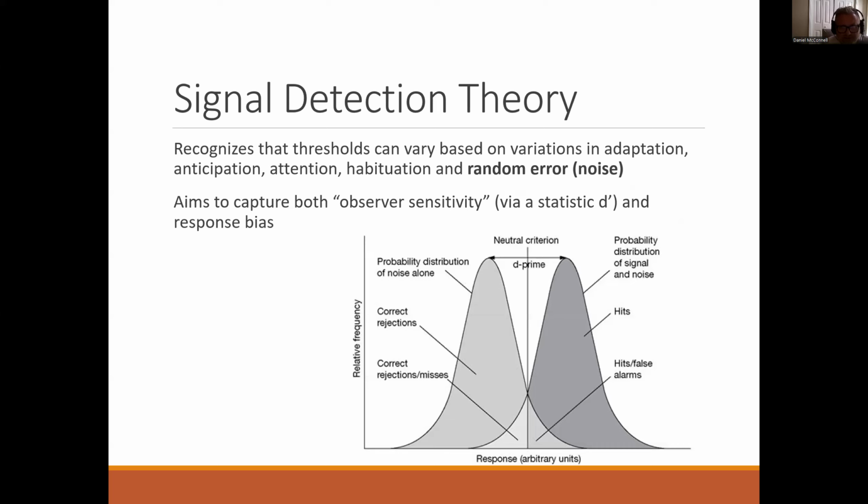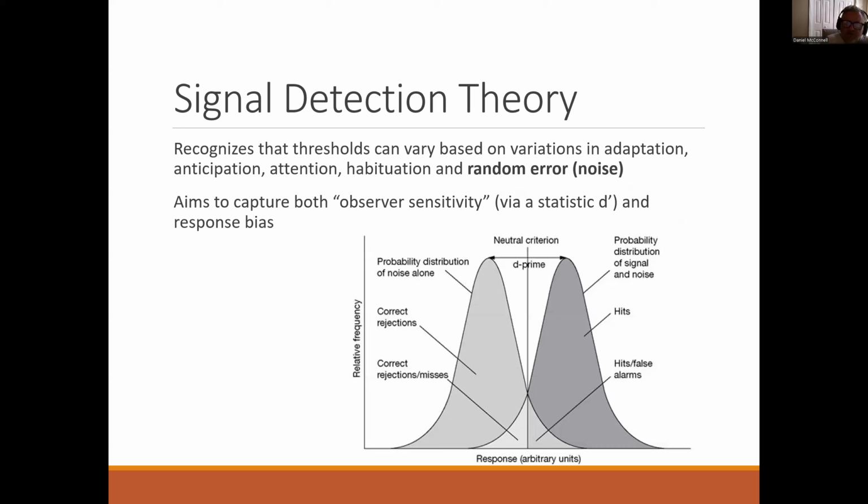And so what we see is also this vertical line that splits the two curves here, called the neutral criterion. It is called neutral because it's right in the middle there. But what we find is that, separate from separating those two distributions on the x-axis by increasing the signal to noise ratio, which is going to increase our subject's actual sensitivity, we can also influence their tendency to say yes or no, and that's captured here by the location of that criterion value.